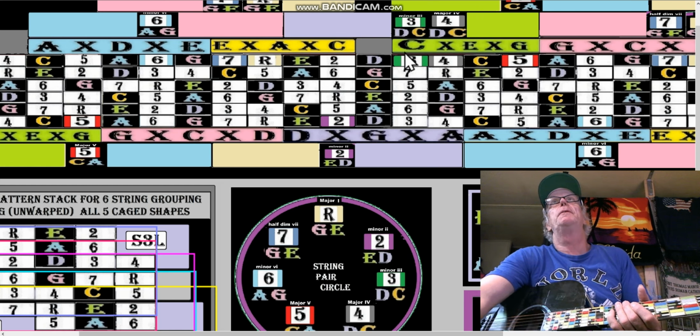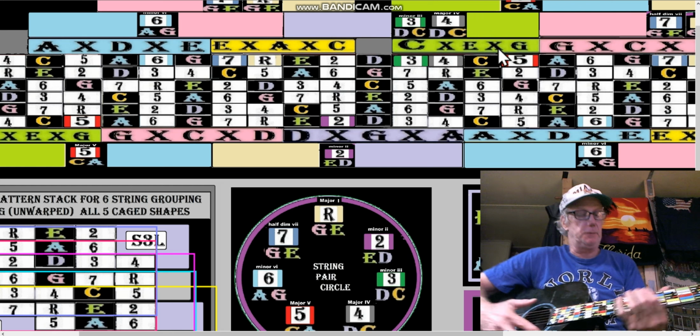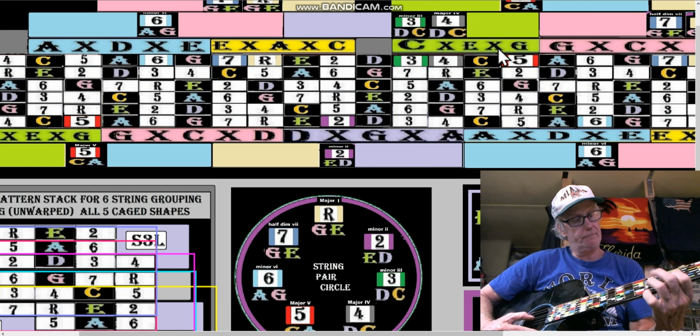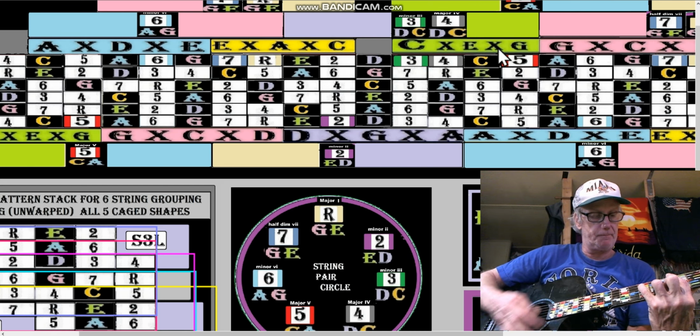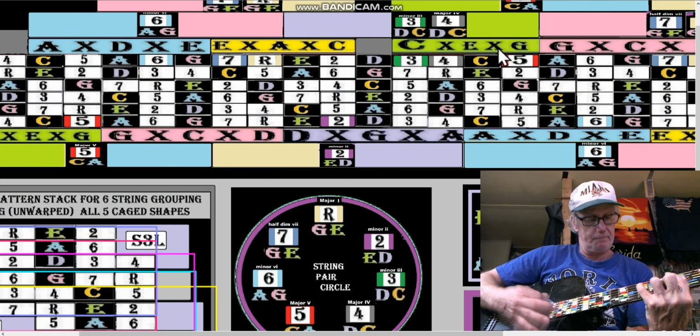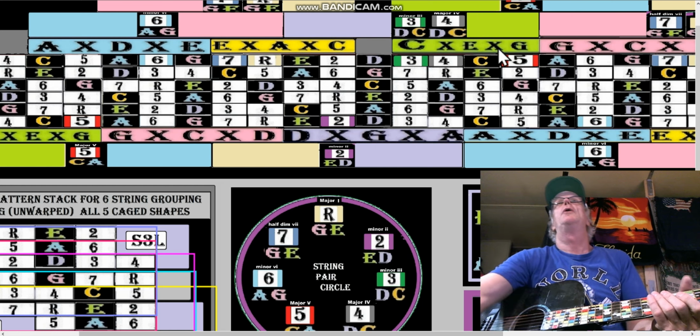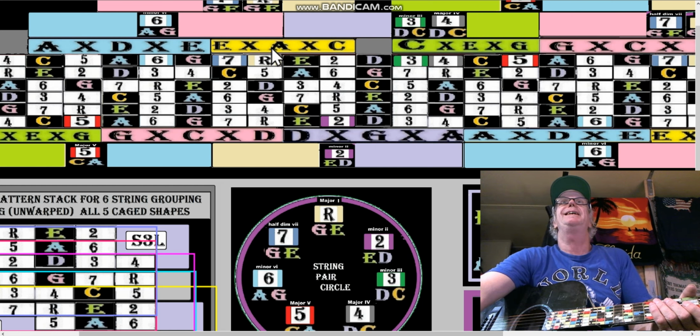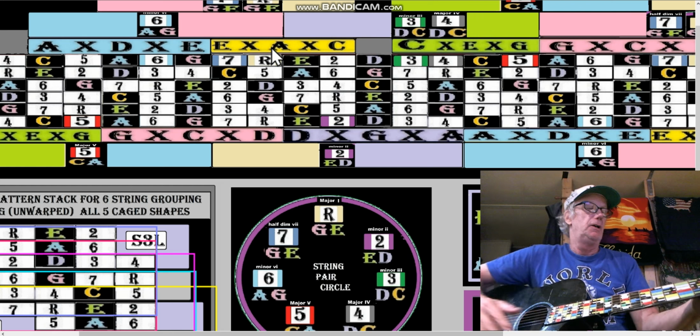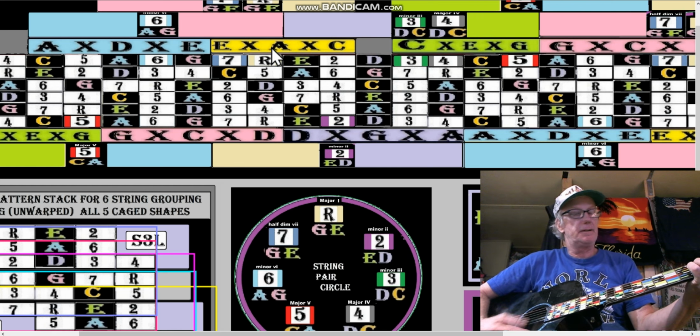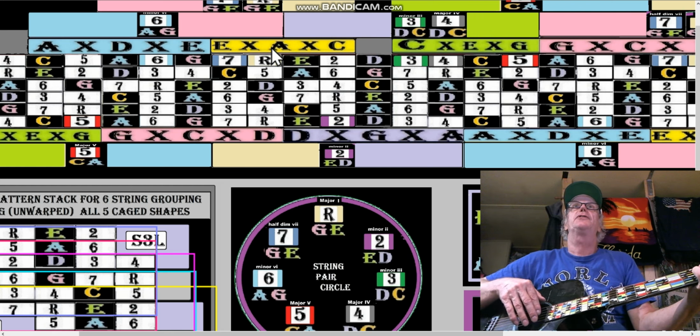So if we're going from the C-shaped cage, that's your C shape, and we're going from that C shape to an E shape down here, which is this guy. And actually, guess what?